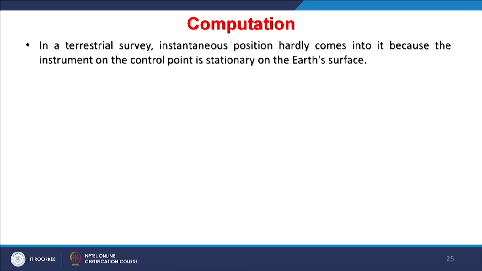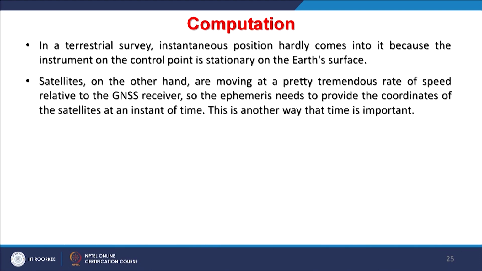And in a terrestrial survey, when it is done on the ground, instantaneous position hardly comes into it, because the instrument on the control point is stationary on the Earth's surface. Satellites, on the other hand, are moving at a tremendous rate of speed relative to the GNSS receiver.